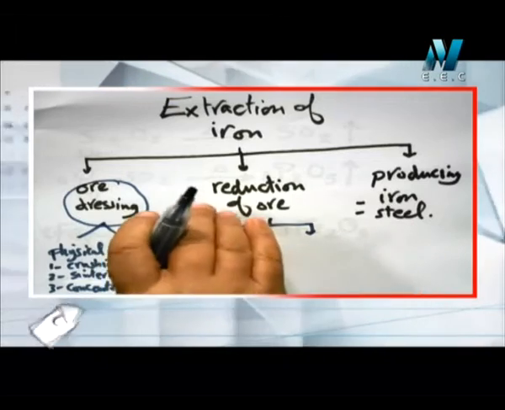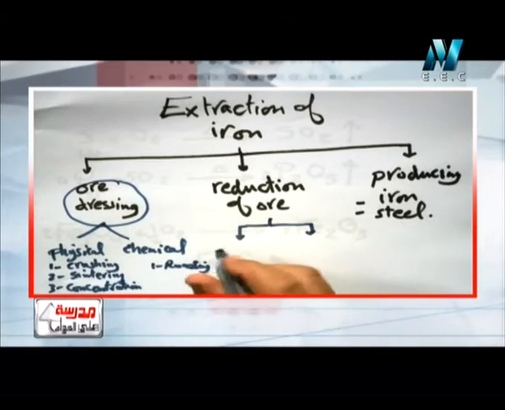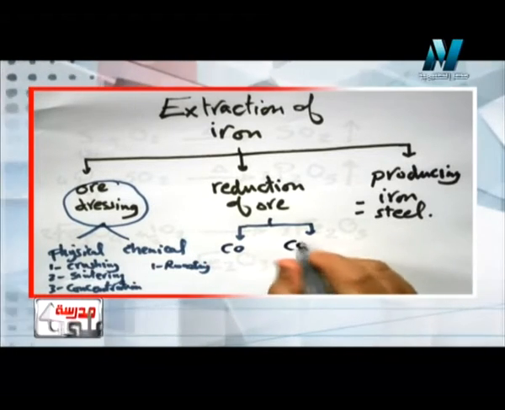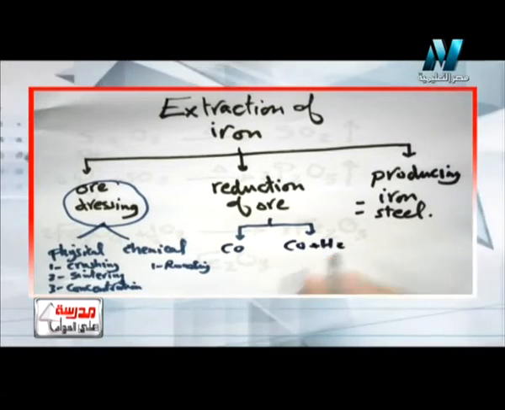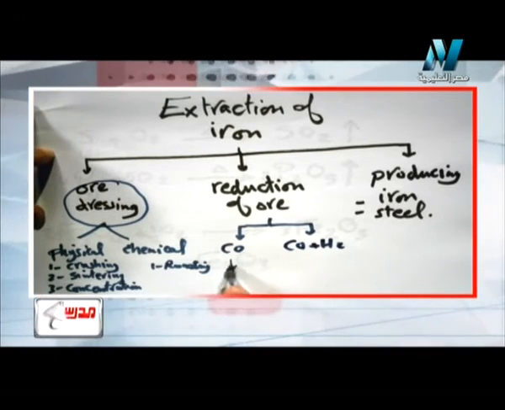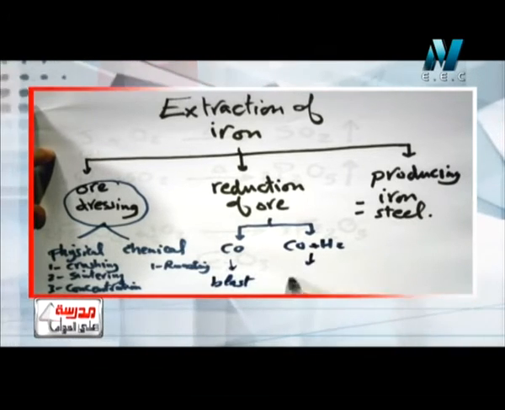The reduction depends on the type of furnace and the type of reducing agent. It may be carbon monoxide, as in the blast furnace, or a mixture of carbon monoxide and hydrogen, which is called water gas, as in the matrix furnace. Here the blast furnace, and here the matrix furnace.